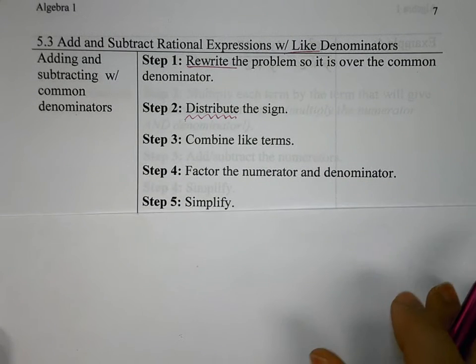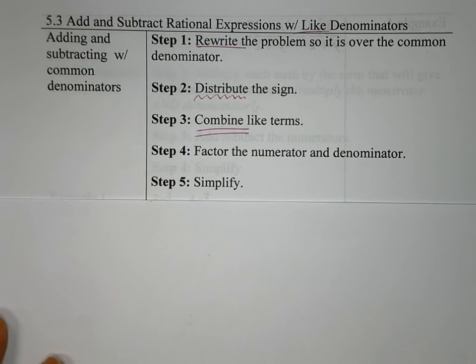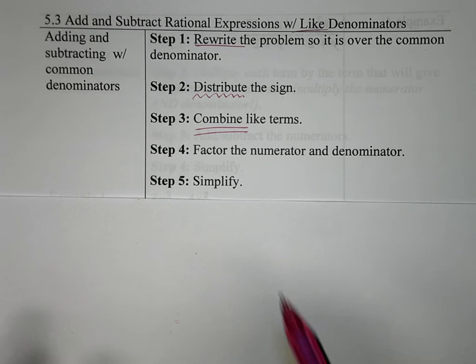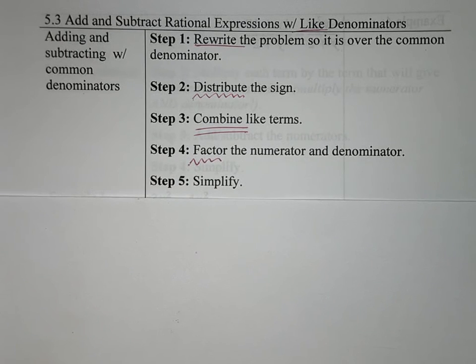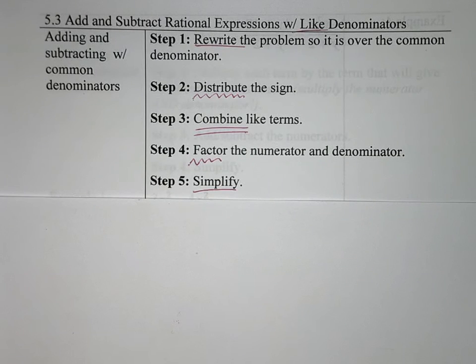We will do our very favorite thing in the world, which is combine like terms. Oh yeah, that's what I do in my free time. And then we will do our second favorite thing in the world, which is to factor the numerator and denominator. And then we will most likely be able to simplify some stuff.